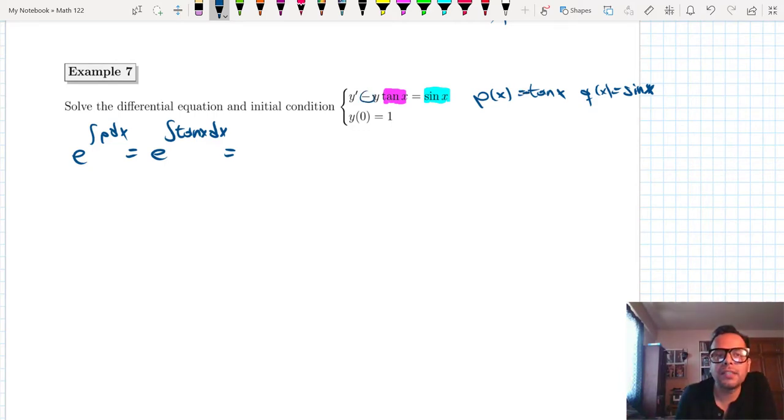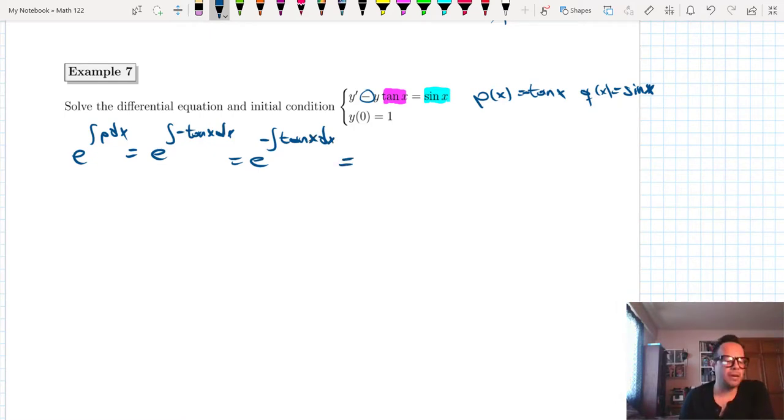Because of the negative sign, we need to go with the sine of it. So this will be the integral of negative tangent x dx. Let me pull the negative sign out of the integral to avoid silly mistakes with too many negative signs. What is the integral of tangent?